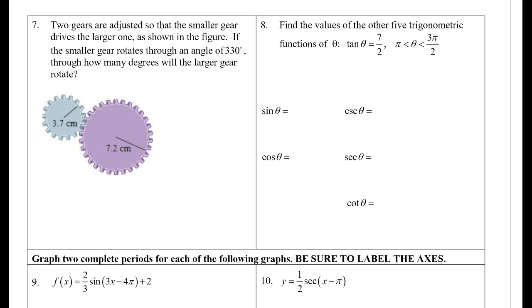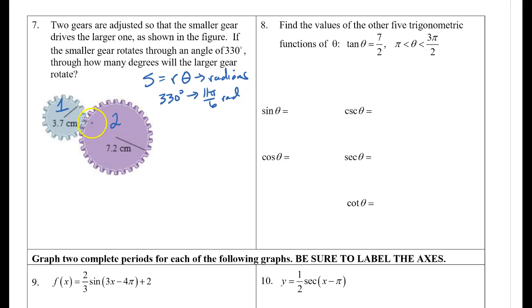So all we're going to use for this is our arc length formulas. I'm going to go ahead and label these gears as 1 and 2. So remember that arc length is r times some angle theta, but theta must be in radians. So the first thing I'm going to do is convert this 330 degrees into 11 pi over 6 radians.